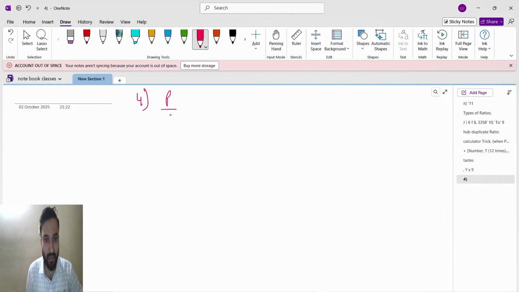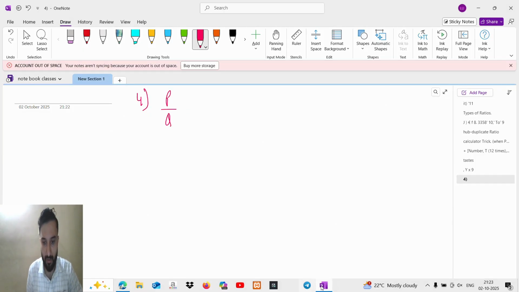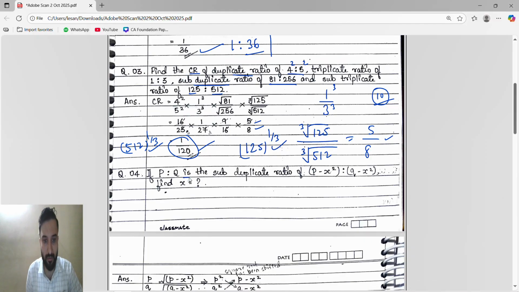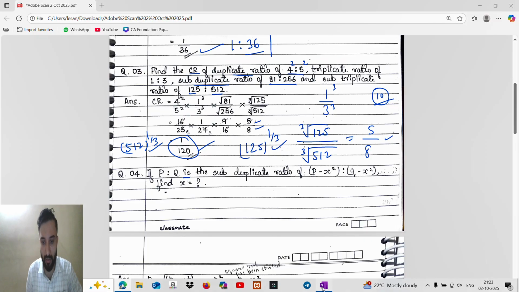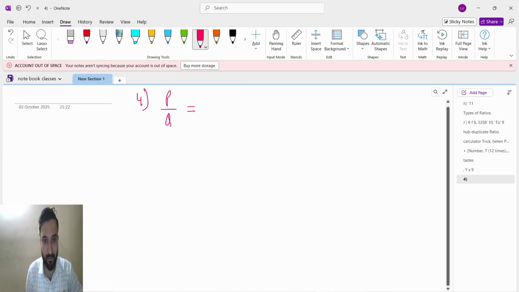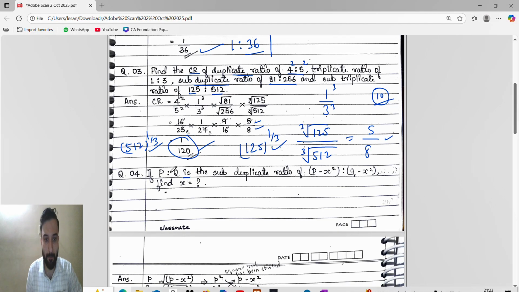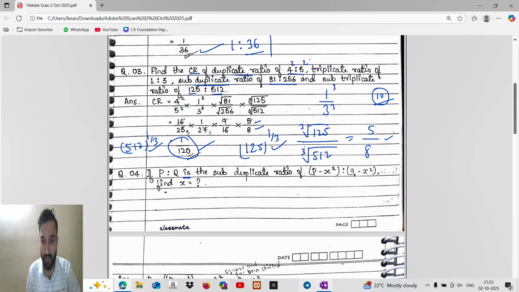They said P is to Q is, and is means equal. So I will write P by Q equals the subduplicate ratio of this.